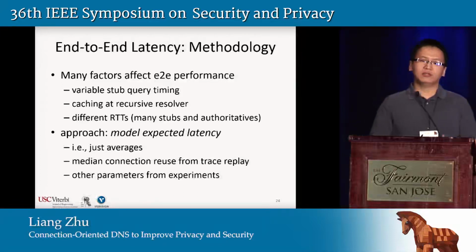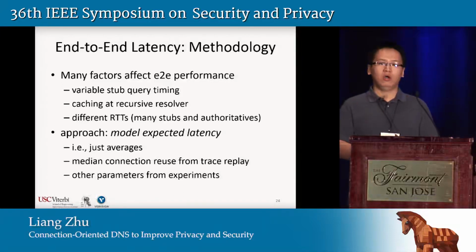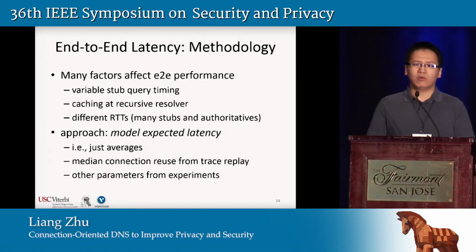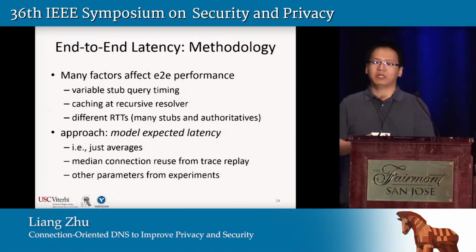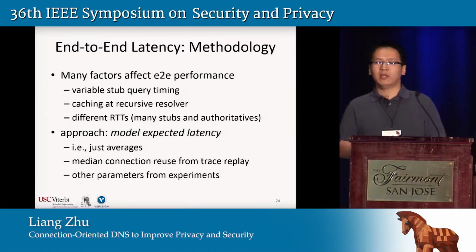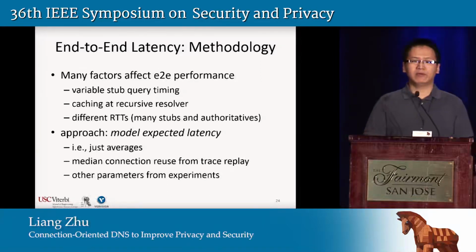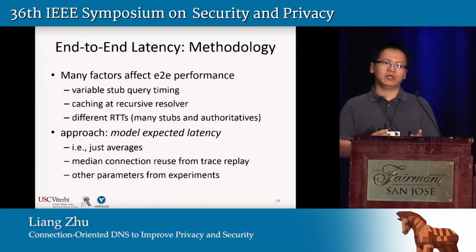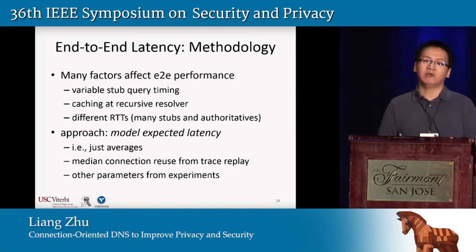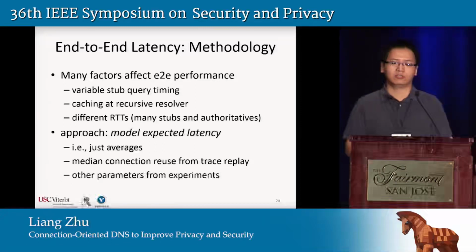The previous slides only show one part of the overall performance. The only thing the client cares about is end-to-end latency. However, doing a controlled experiment for the end-to-end performance analysis is a little complicated because there are too many factors.